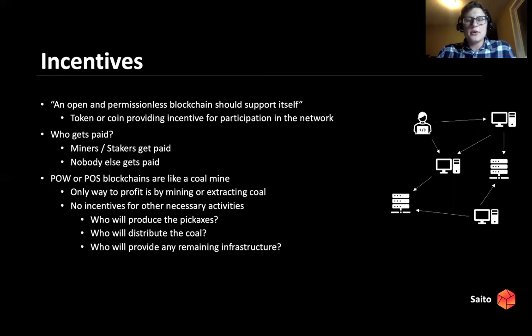So when we're talking about incentives in a typical blockchain, one that is open and permissionless, it needs to support itself. Most of the time, these blockchains support themselves by providing some sort of token or coin that provides incentive for that participation, for the provisioning of infrastructure.